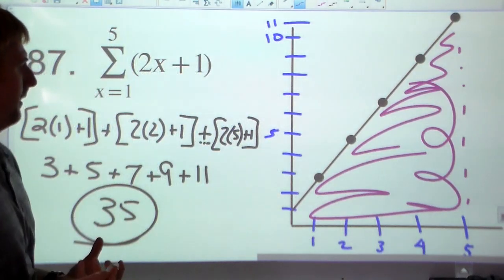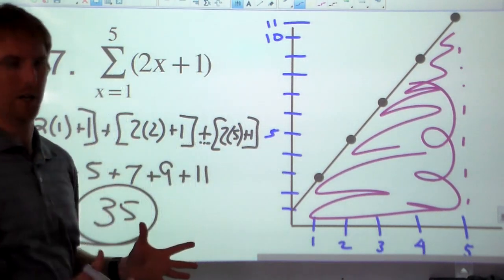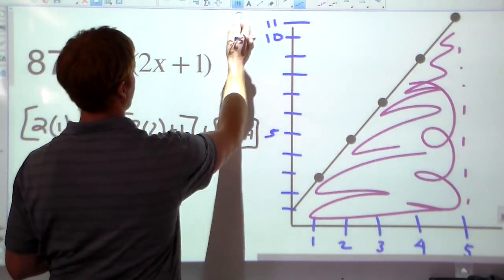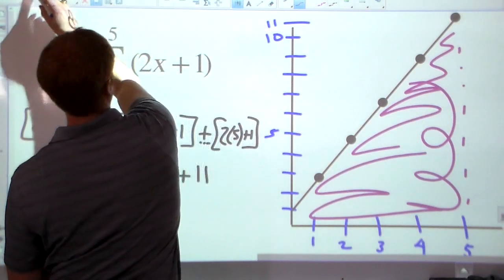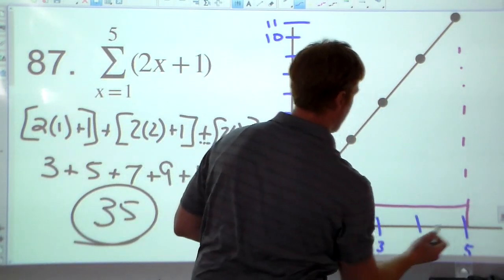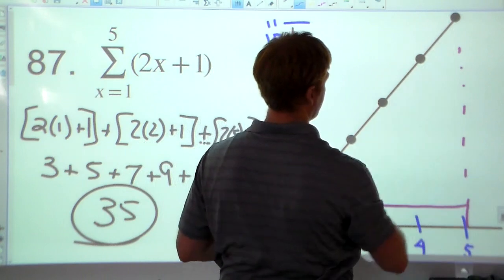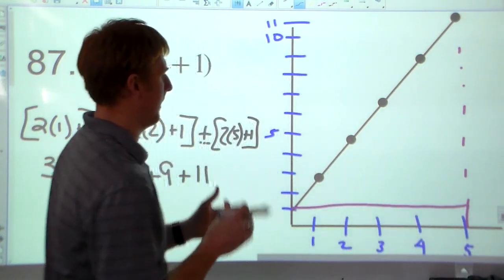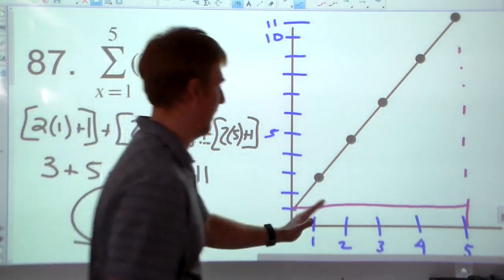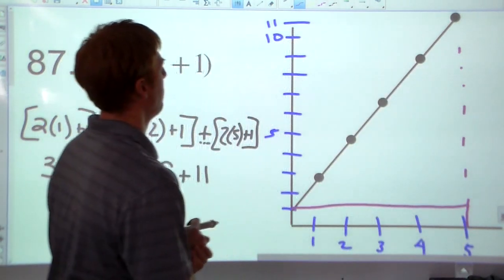So let's suppose I want to figure out the area that's shaded in right here. All right, well I'm going to do a little bit of quick, easy geometry. I'm going to erase that shading for a moment. I've got a rectangle right here, and I've got a triangle there. So I'm going to find the area of the rectangle and the area of the triangle, add them together. That's the total area that I had shaded in a second ago.